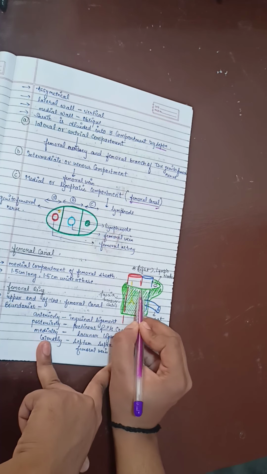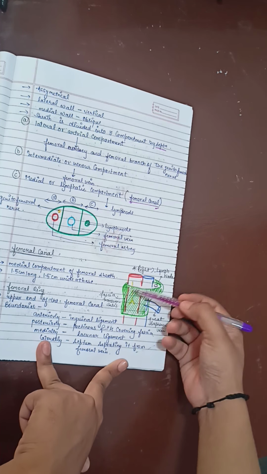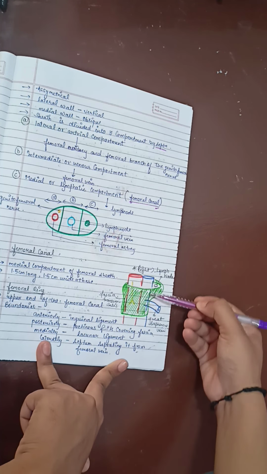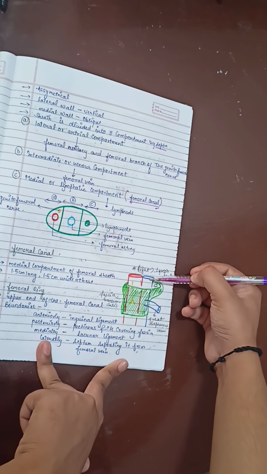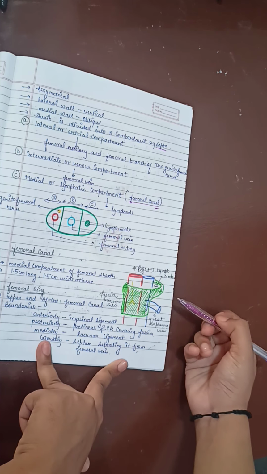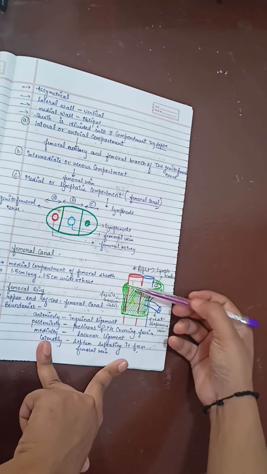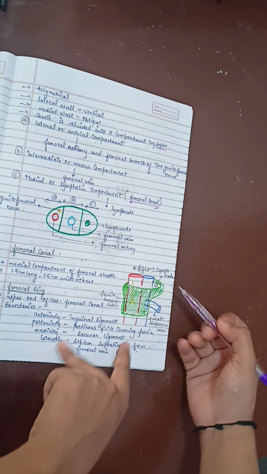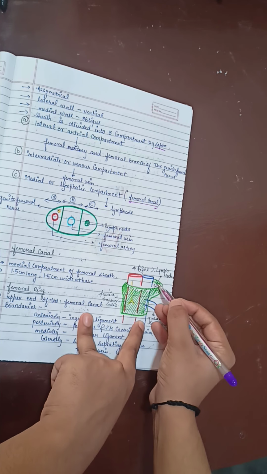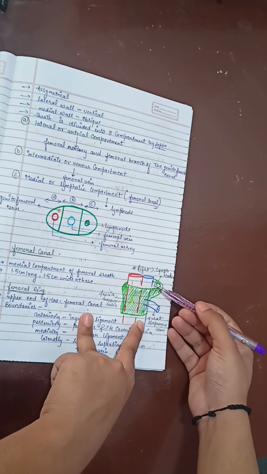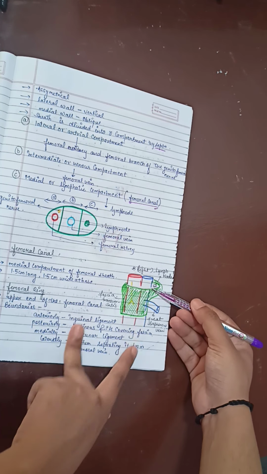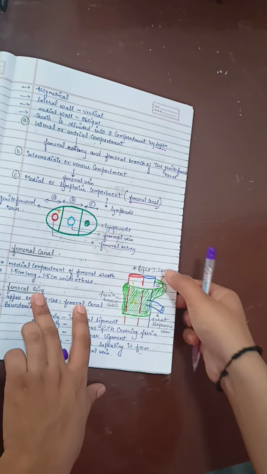This is the femoral ring, and this whole green part covering the femoral artery and femoral vein is called the femoral sheath. Here we can see the lymph node present, which is also known as the femoral canal or lymphatic compartment.